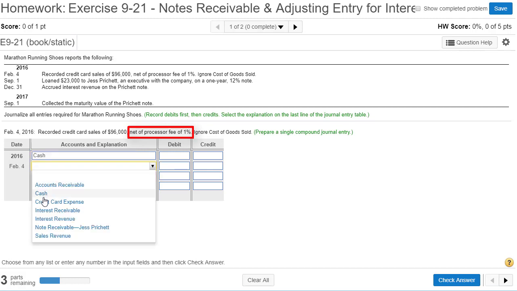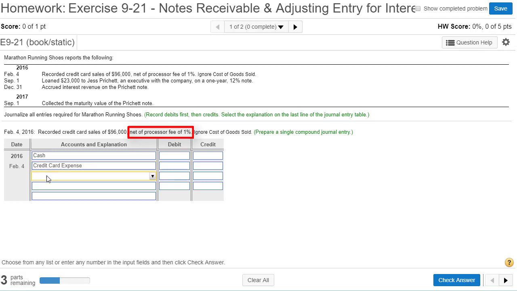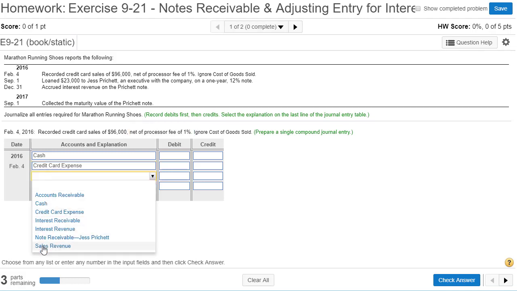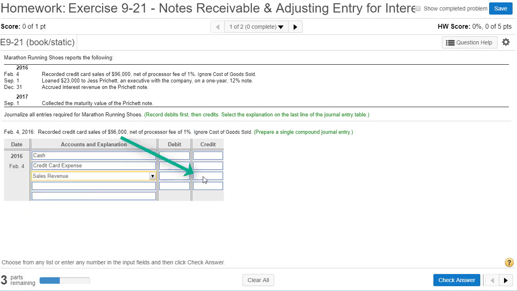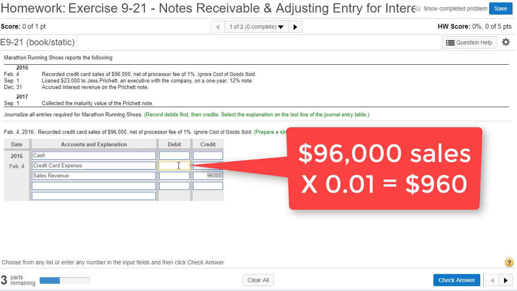So we're going to have to record some credit card expenses, and then we have to record our sales. So the sales are $96,000. The credit card expense, and remember expenses are debits, they increase on the debit side, is going to be 1% of that. So 1% of 96,000 is 960.